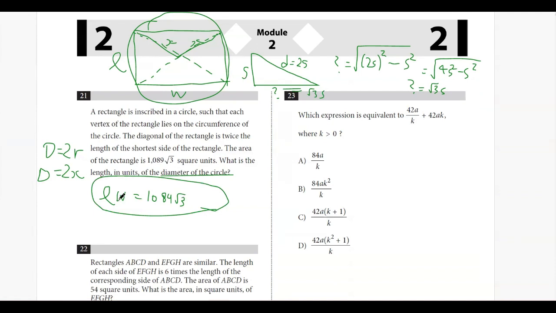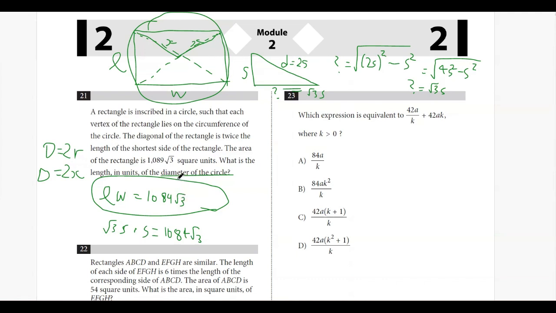So my width is square root 3 s, and my length is s, and this is equal to 1089 square root 3.